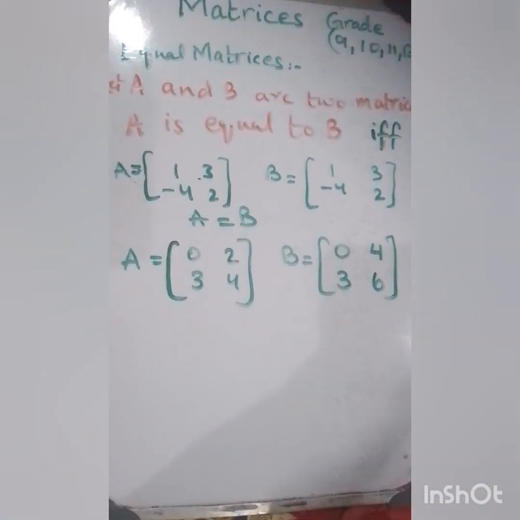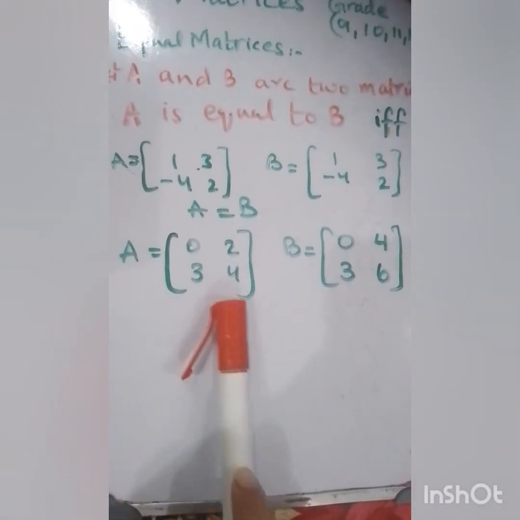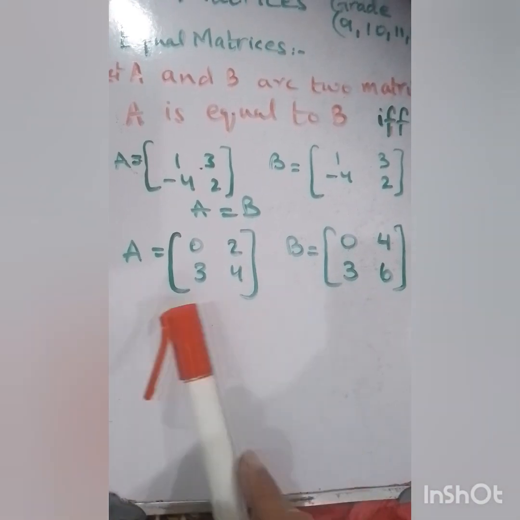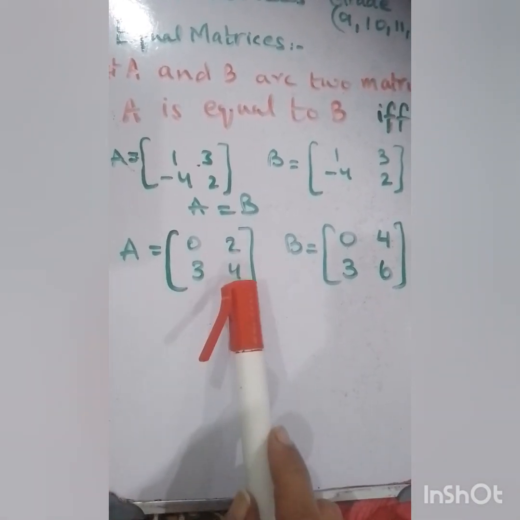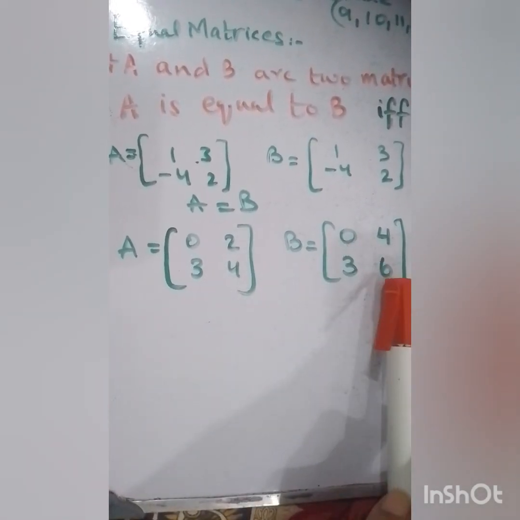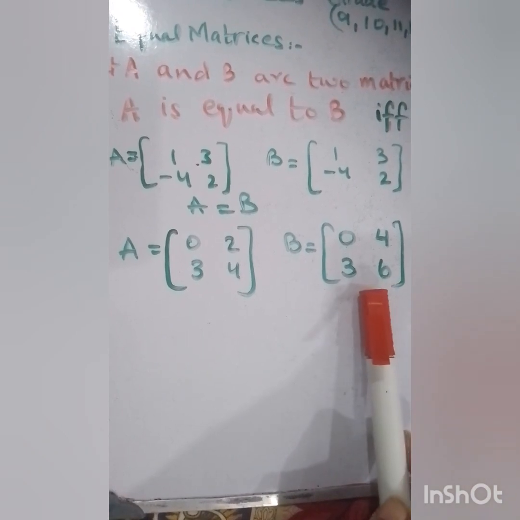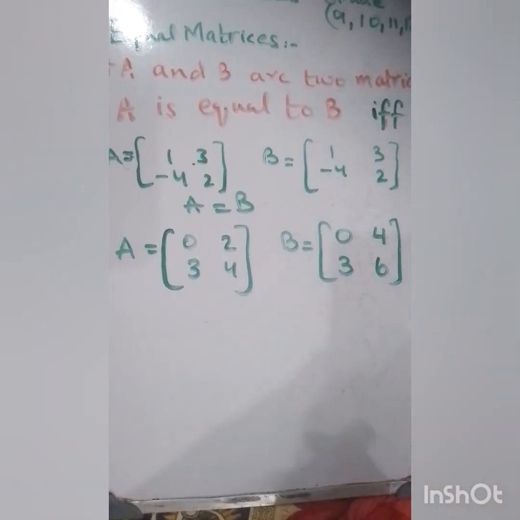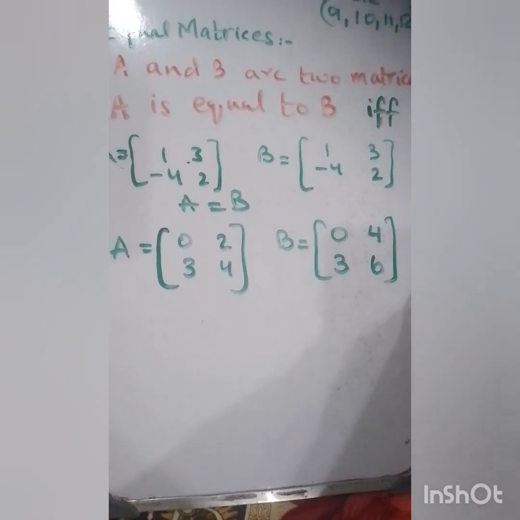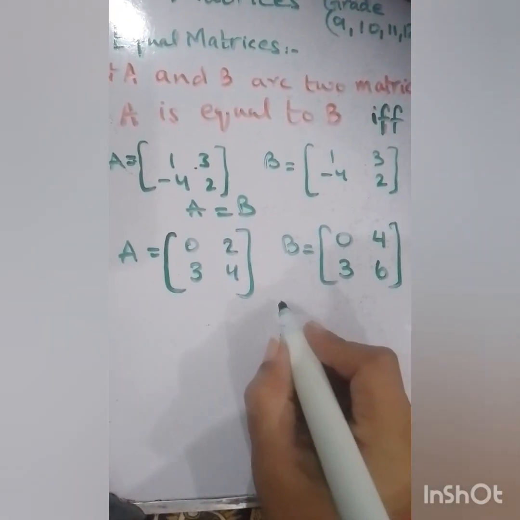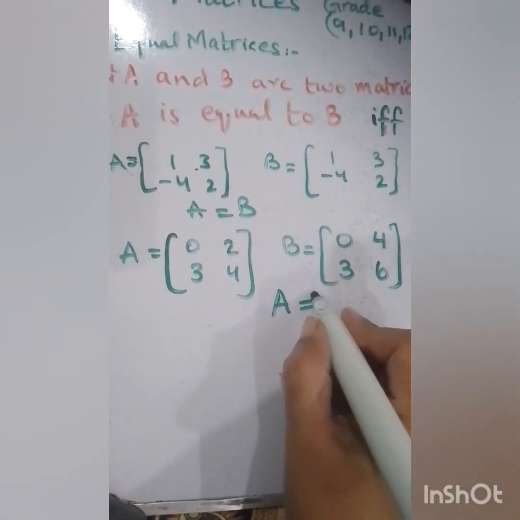But if you consider two matrices where A has 0, 2, 3, 4 and B has 0, 4, 3, 6, the entries are entirely different from each other. So they are said to be unequal matrices, or you can say A is not equal to B.